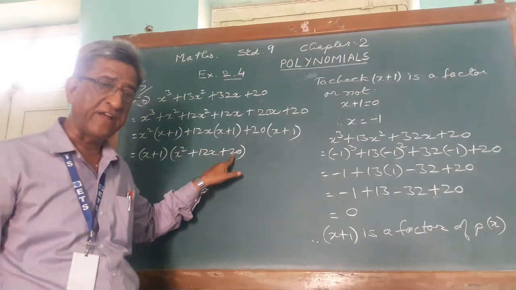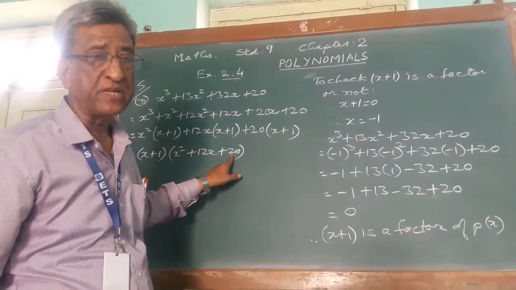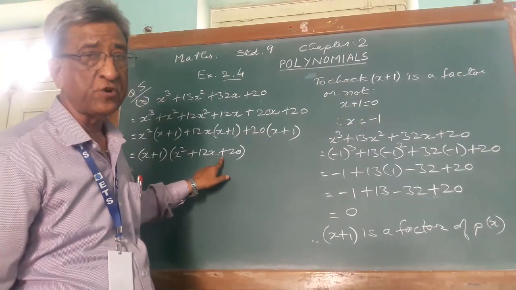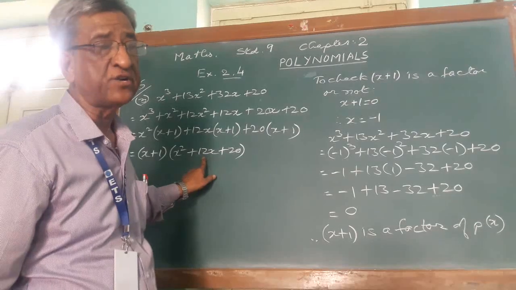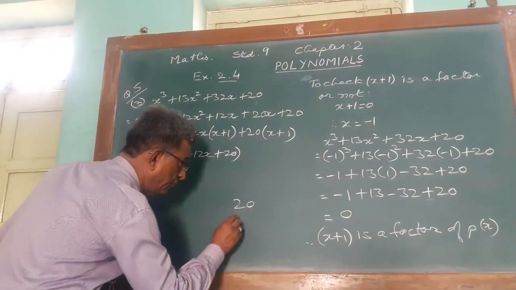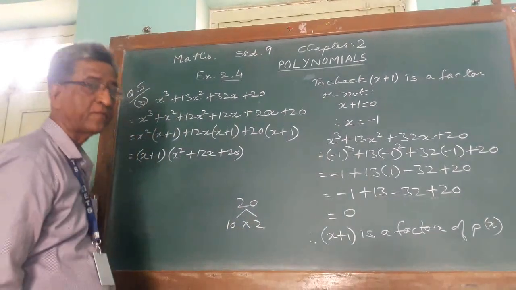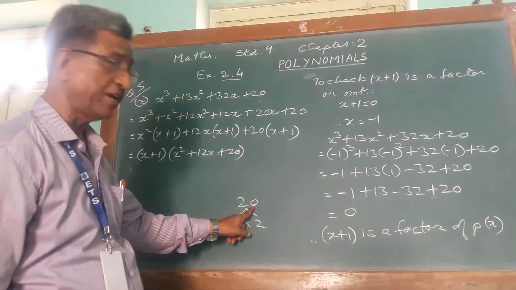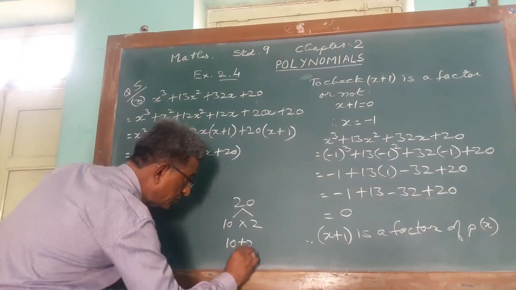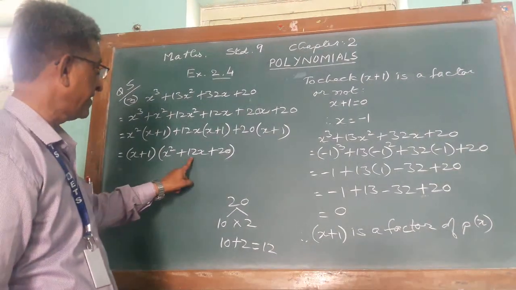Now you have to find the factors of 20 such that if you multiply you must get 20, and if you add you should get 12. So factors of 20 will be 10 into 2. 10 twos are 20, and 10 plus 2 is equal to 12.